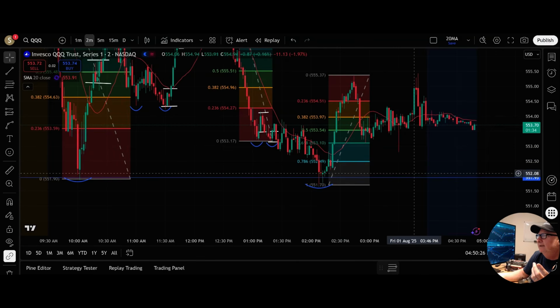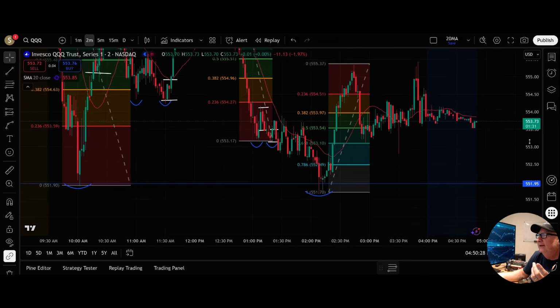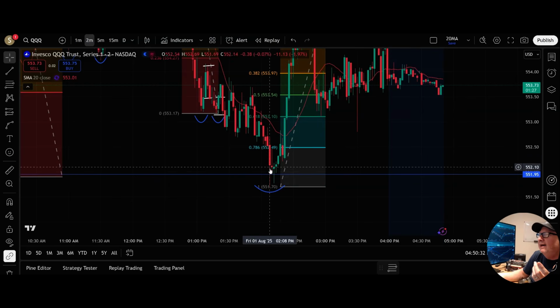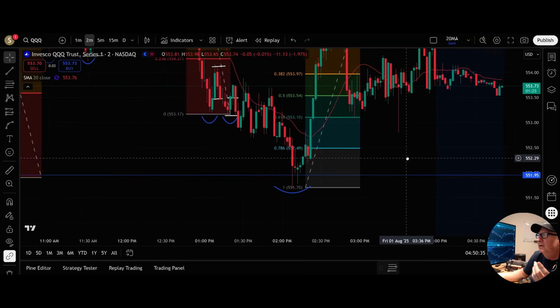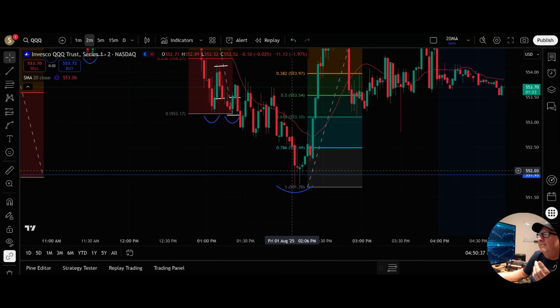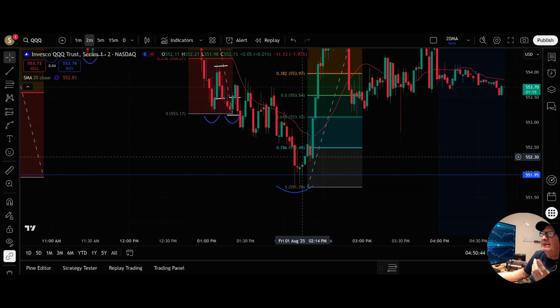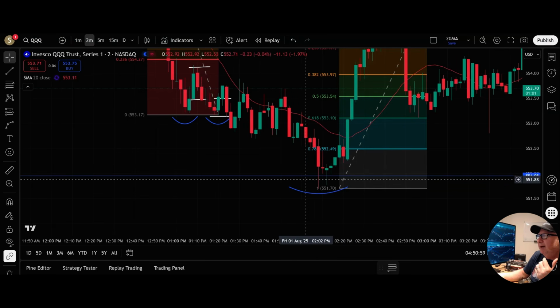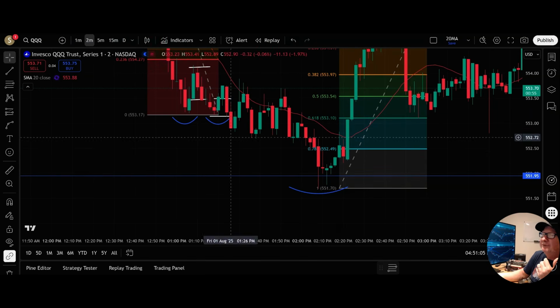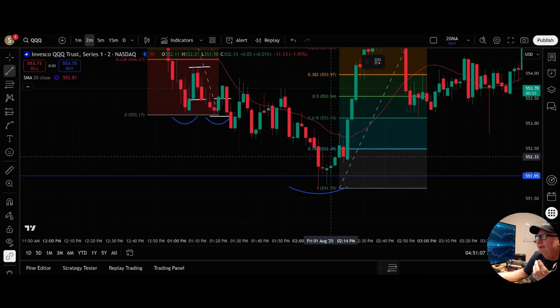And I'm going to zoom back in. We get really nice bottoming tails along with this double bottom. There are a couple of places to enter for me on this one, since I have both the bottoming tails and I get these two nice green candles moving up. That's one entry that's a little bit more aggressive, but I like that entry.